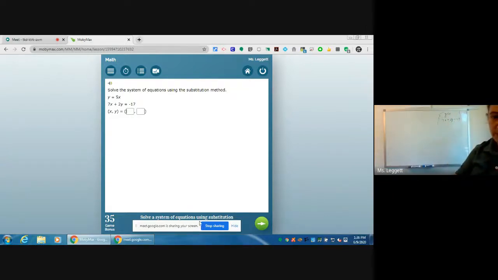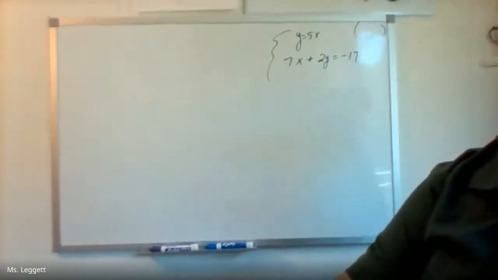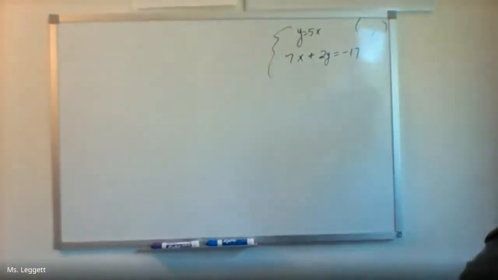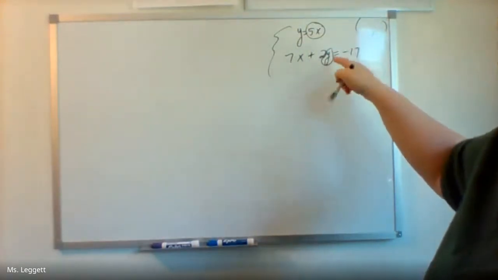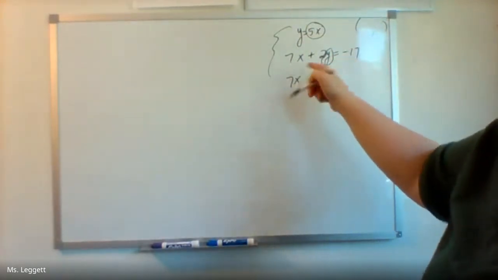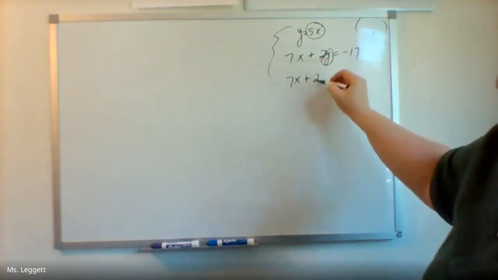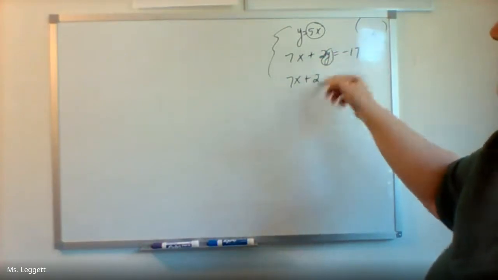Let's stop sharing that. This is what I know y to be. So where I see the y, I will leave those alone, but I will change this. 2 times y, not anymore.